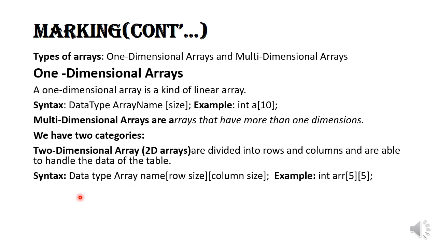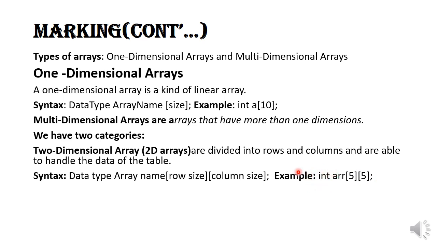So we have the data type, we have the array name, we have the row size, which means the number of rows for this array, and we also have the column size, which gives the number of columns of this table.